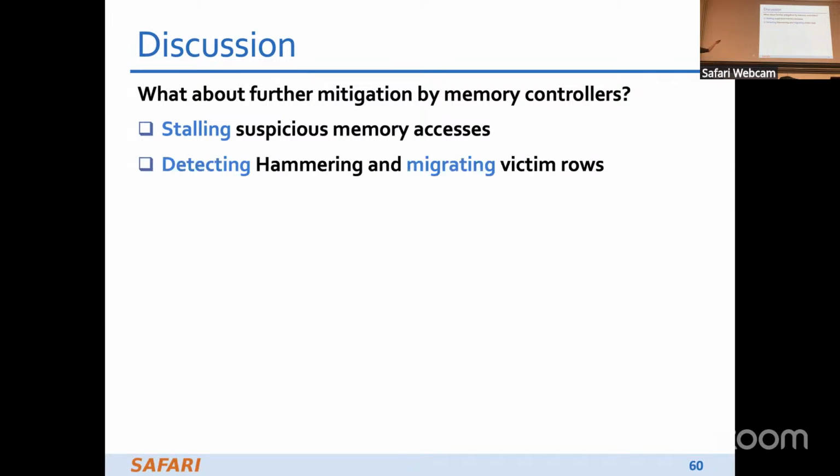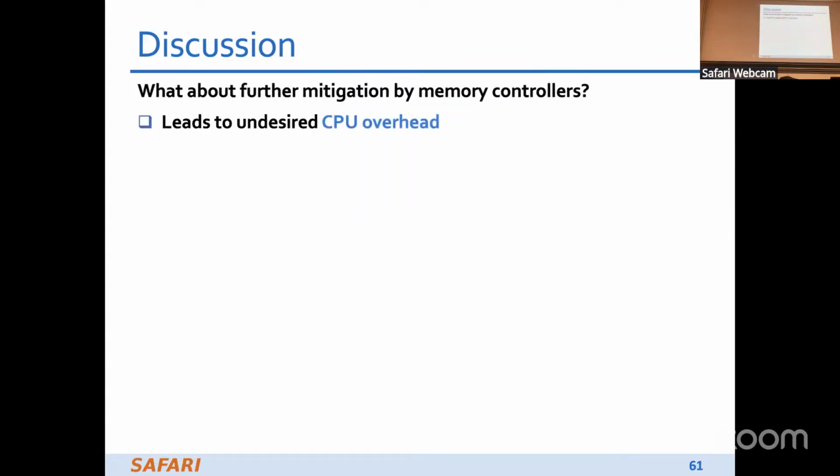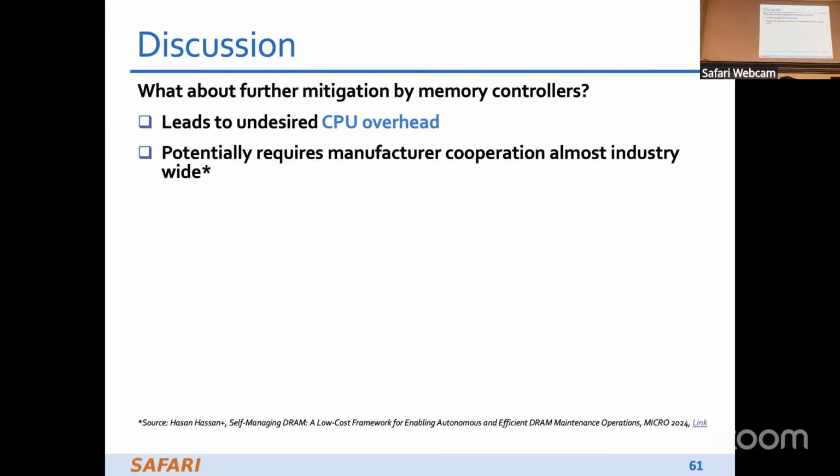You could detect the hammering and migrate the victim rows, or migrate aggressor rows, as you have proposed. However, all of this leads to undesired CPU overhead. And it, again, potentially requires manufacturer cooperation almost industry-wide.